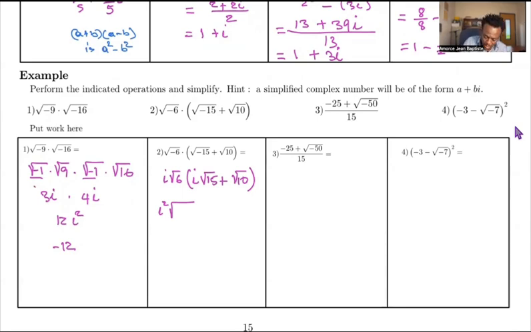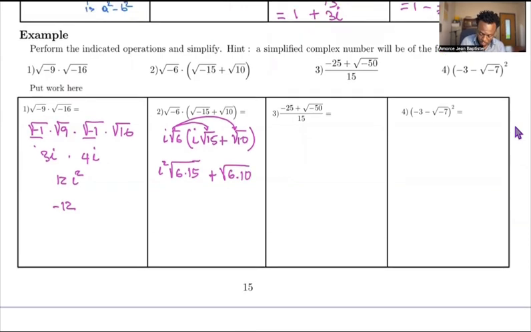Well, let me write it as 6 times 15 here, because we may be able to simplify. And then plus, we distribute this, that is the square root of 6 times 10. Okay. Now, we may want to simplify this as well.